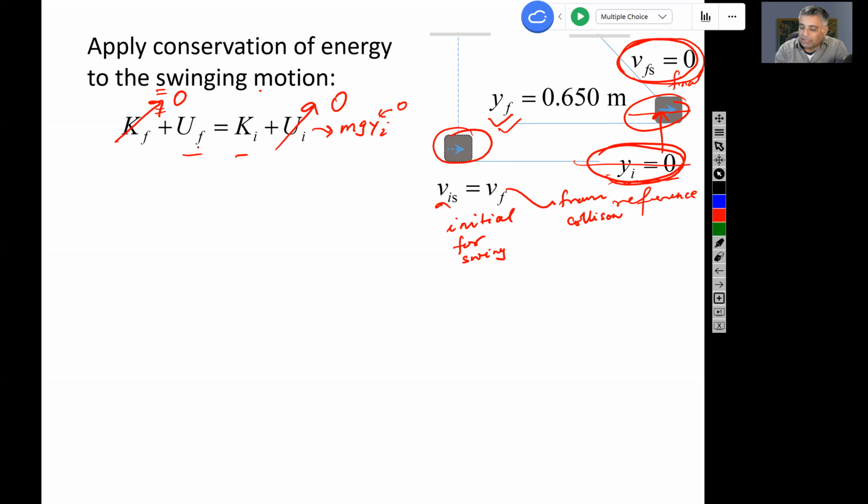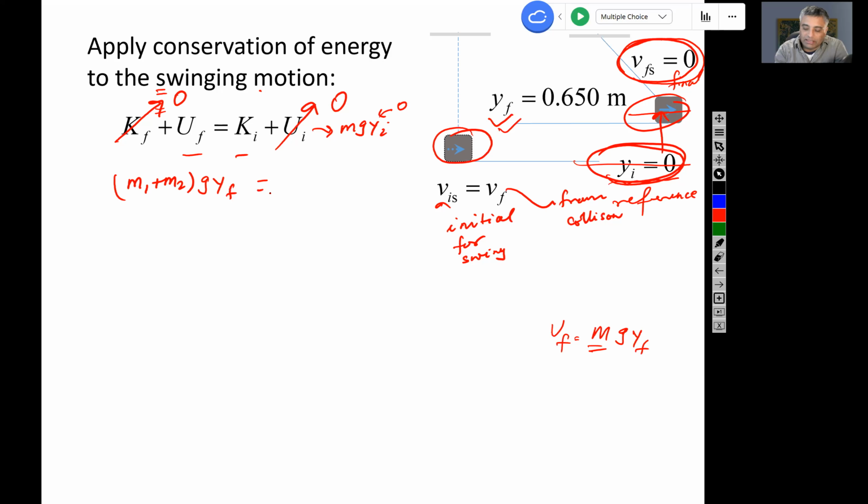So what's the final potential energy? Final potential energy UF is mgyf. But m here is two masses, the mass of the bullet and the mass of the block. So I need to write (m1 plus m2) as the mass, times g yf.